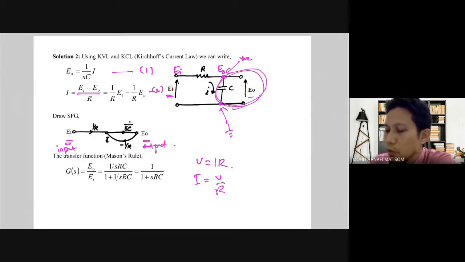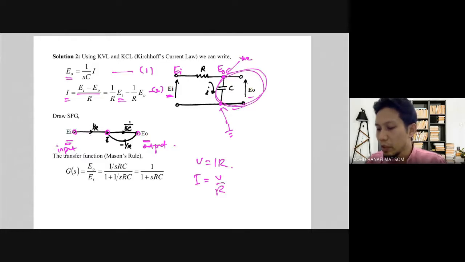Now we have E naught, EI, and I. So we have 3 terms here, which are the nodes.